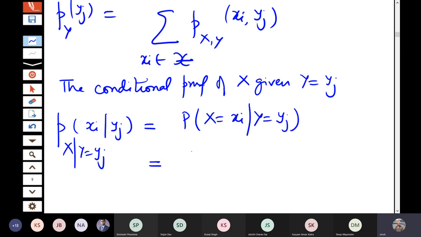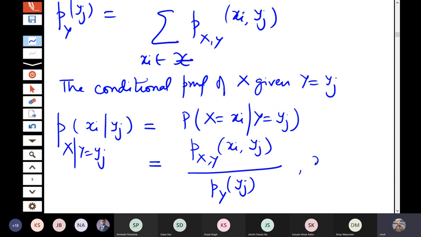If you apply the definition of the conditional probability, that is probability of A given B is probability of A intersection B divided by probability of B, then this becomes nothing but the joint probability mass function of xy divided by the marginal distribution of this. Similarly, you can calculate the conditional probability mass function of y given x is equal to x_i.